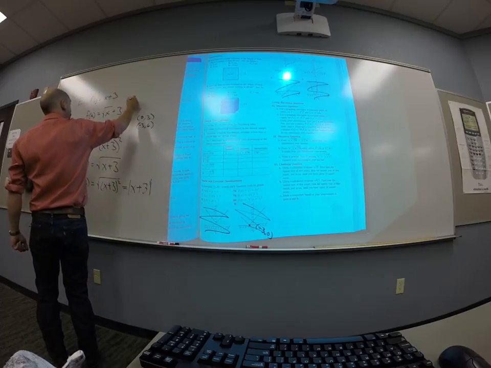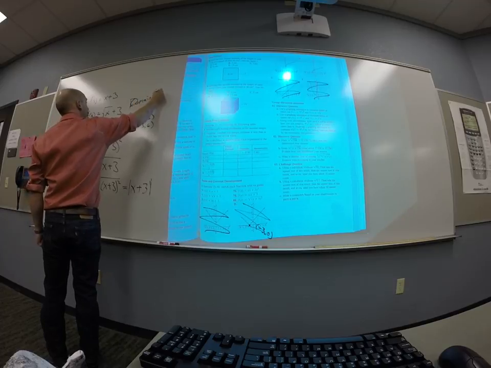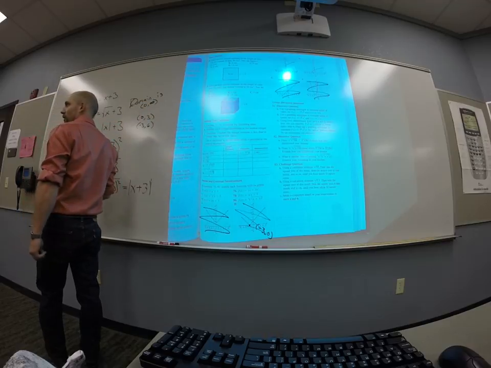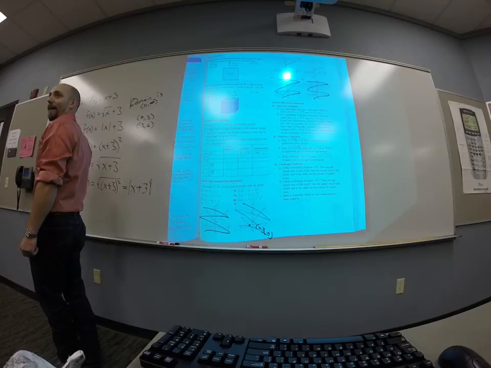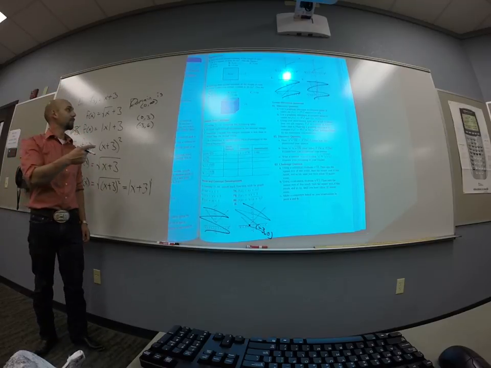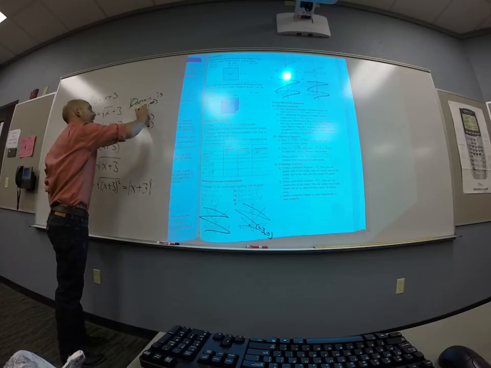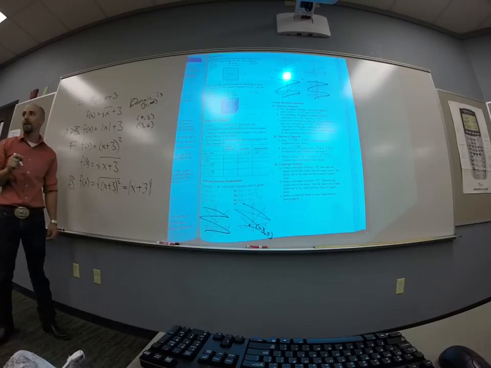So the domain on this guy is 0 to infinity. What did I just screw up? Yeah, the parenthesis. The 0 should be in, right? Because I can fit 0 in this function, right?